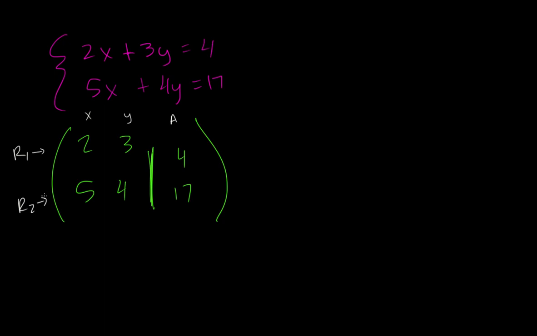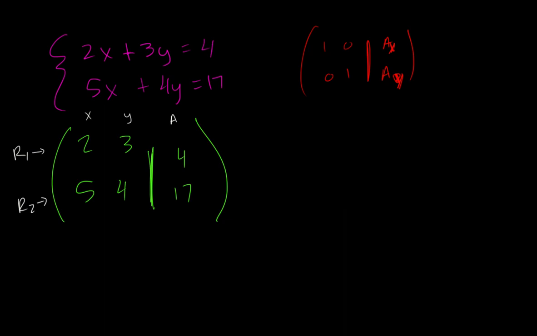Our goal is to get a matrix where at the end it's 1, 0, 0, 1, and then we'll have our first answer and our second answer, which our first answer would be the answer for x, and our second answer would be the answer for y.